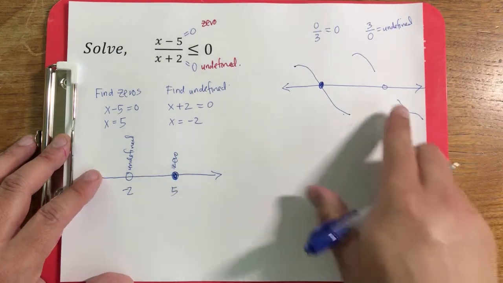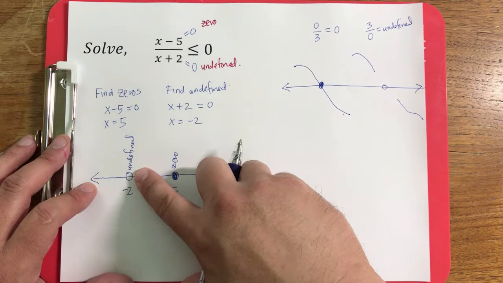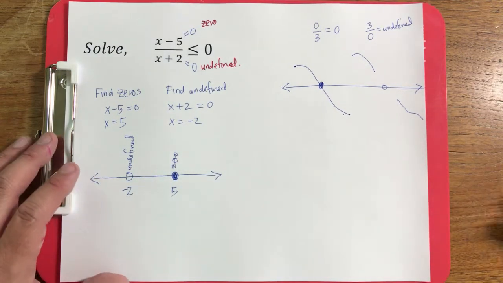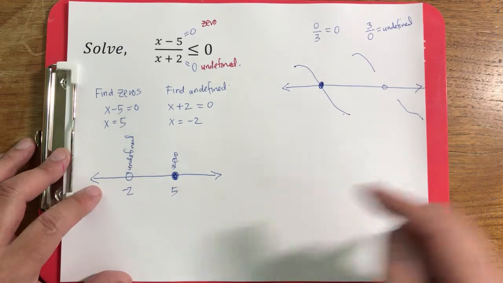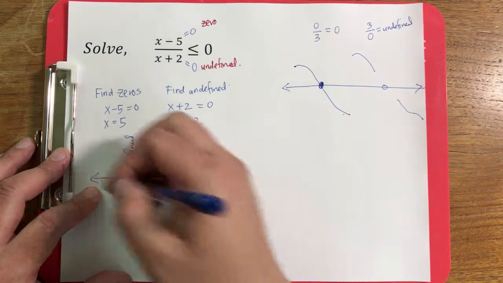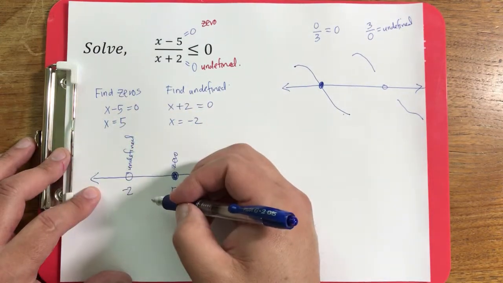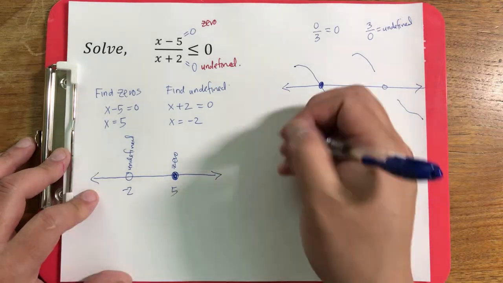So I could have a discontinuity, and that's what the undefined is. Now we're going to solve this problem exactly the way we did by plotting test points. These are the only places where there's potential for my graph to go from positive to negative or negative to positive. Okay, so let's put a test point down.